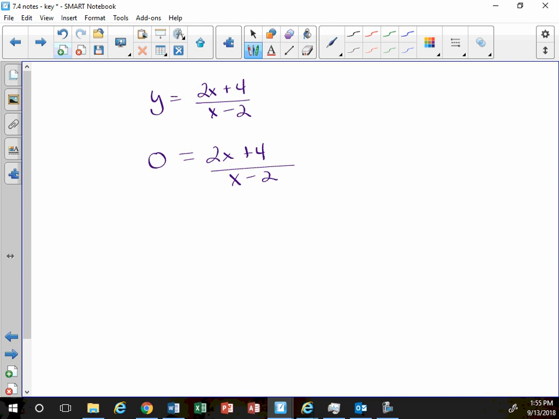The numerator or the denominator? The numerator, yes, because if we have 0 divided by anything, what's it going to be? 0. So when I'm finding the x-intercept, I don't actually need to think about the denominator at all. I can just simply solve 0 equals 2x plus 4. Okay? And -2.